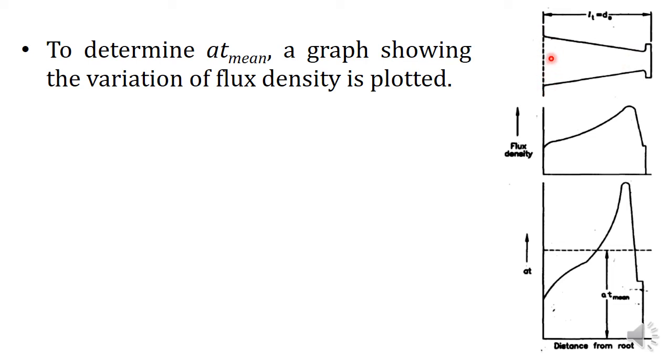That means the flux density will be less at the bottom and high at the top. So the variation of flux density is plotted as a graph. Here flux density is less and it increases as we go to the top of the tooth. So this is the graph to be plotted for flux density.